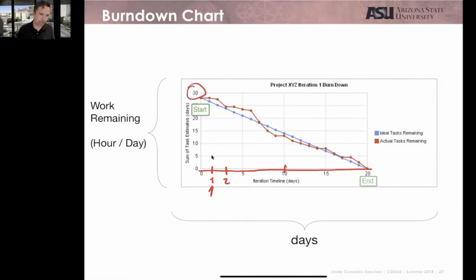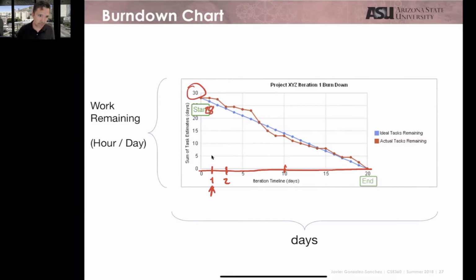Day 1, guys, how many requirements have you finished? I finished 1, someone else finished 1, someone else, nothing. Okay, day 1. We selected to do 30. Day 1, we have done 28 as a team.